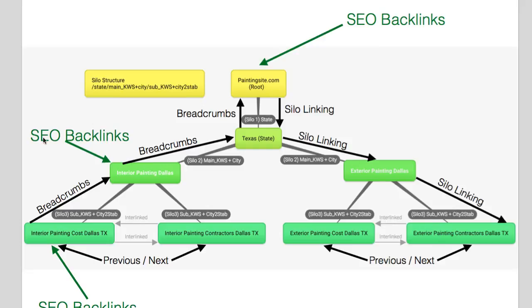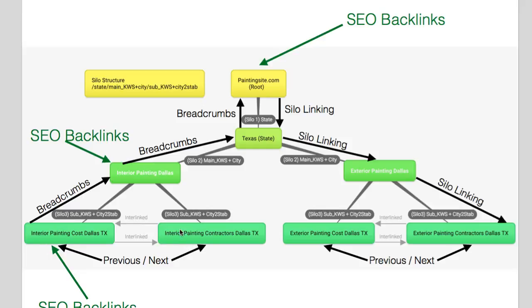Same thing if I came back over here and let's say I did an SEO backlink to an inner page of a city silo index page. So interior painting Dallas. Well, because my breadcrumbs are linking upward, the link juice from this is going to hit the root. Well, also because my silo linking is linking downward, it's going to hit my sub-keyword pages as well.